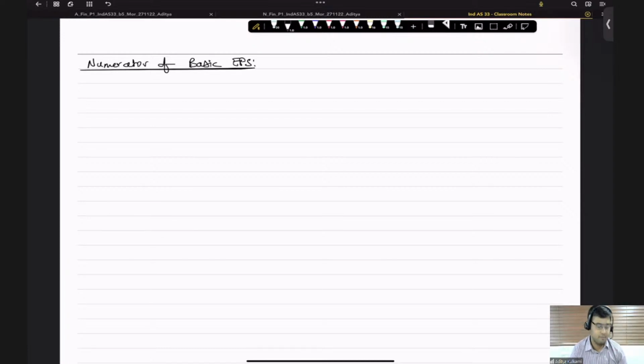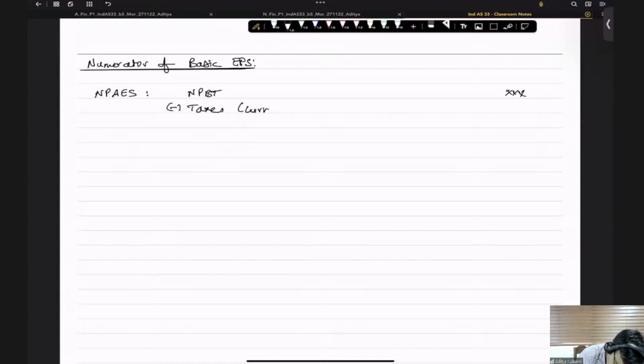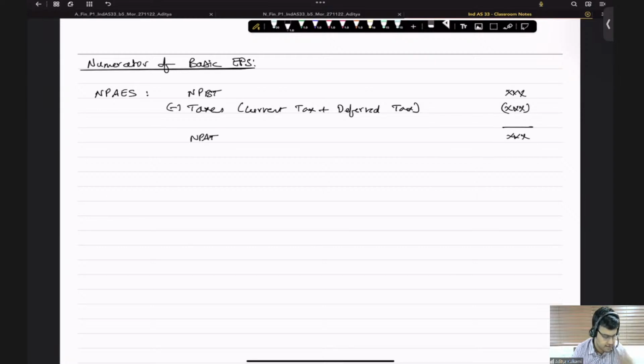Net profit attributable to equity shareholders. How do I do it? Net profit before tax. You can note this down. Less taxes. Which tax? Current tax plus deferred tax, both. So this gives me net profit after tax.